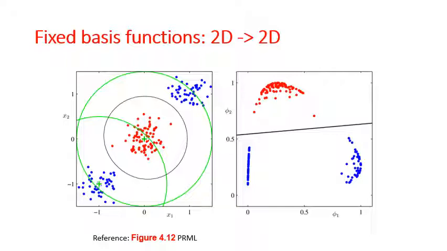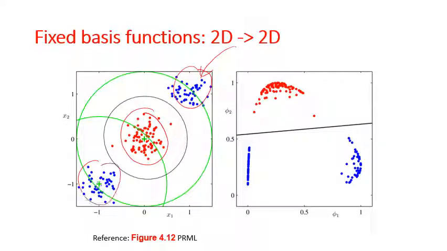So before entering into how we can train my neural network, I just want to introduce you to basis functions. What a basis function does is, for example, if I have some vector, I can transform that vector into some other dimension with the help of a basis function, right? For example, in my input data, let's say I have two classes, red and blue. This is red and this is blue class.